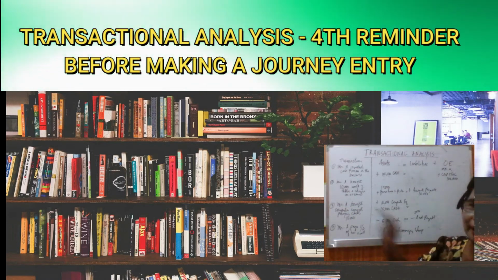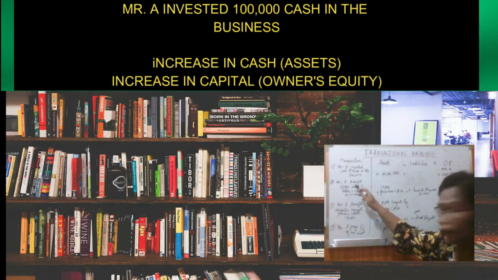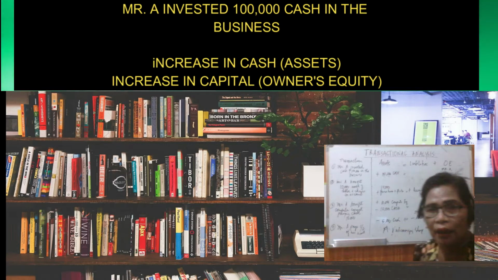So now we are ready. Are you ready? I am already ready. The first transaction is Mr. A invested cash 100,000 in the business. So it is the business who will receive, and it is the business also who will give away.